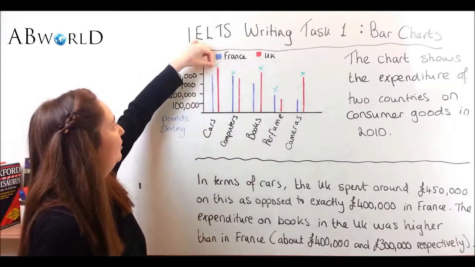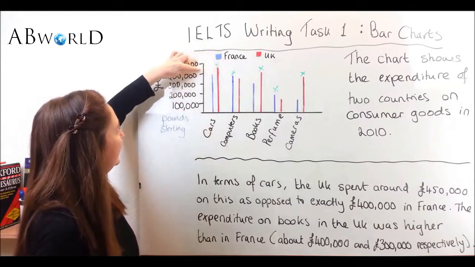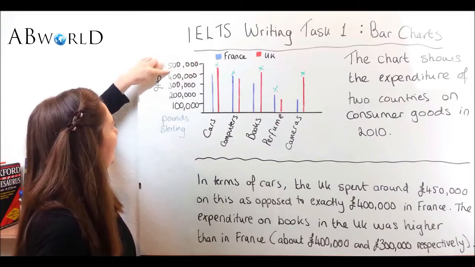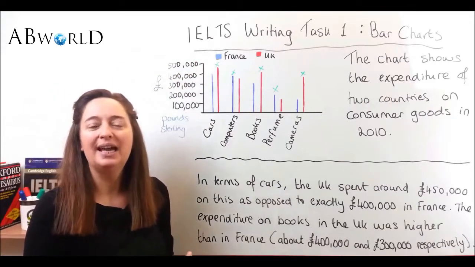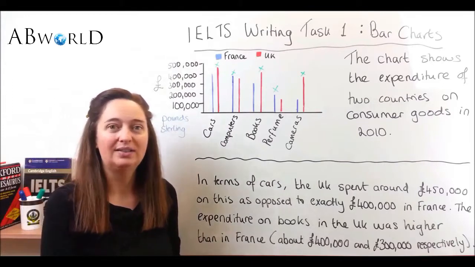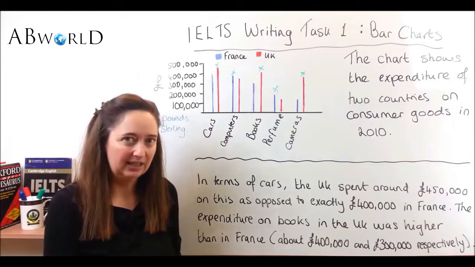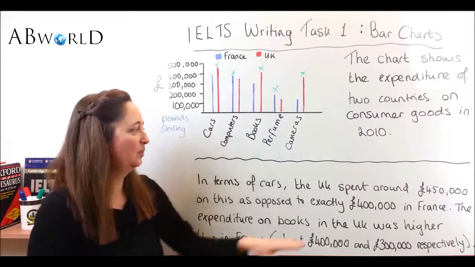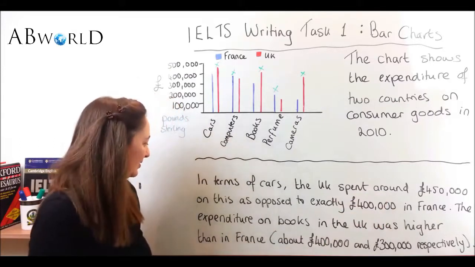and you need to have a look. This is the cars, and here we've got the UK. And you can see that it is between 400,000 and 500,000. We cannot write it was 450,000 because we cannot see exactly. But we can see that it was around £450,000.